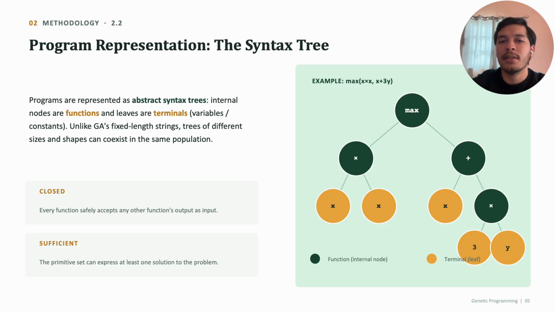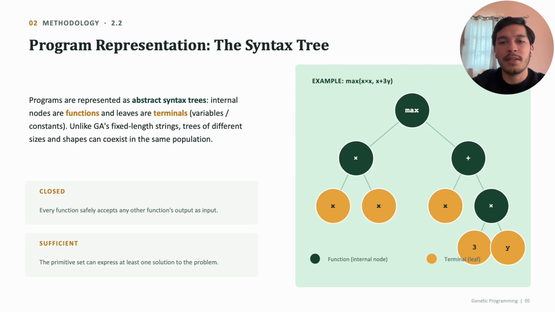And then the leaves are terminals, variables like x and y, or constants like the number 3. And this tree is literally the expression max of x times x, comma, x plus 3y. So you can read it top to bottom and execute it directly. It is important to mention that no decoding step is needed.